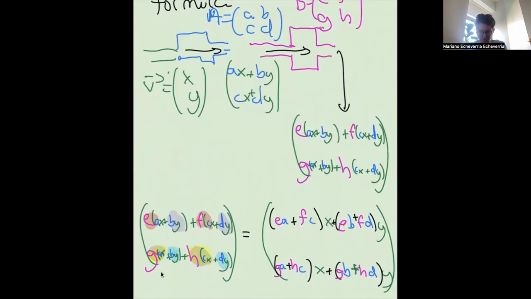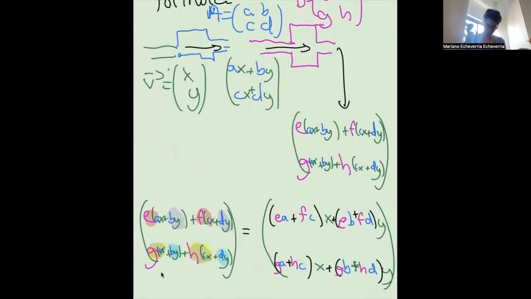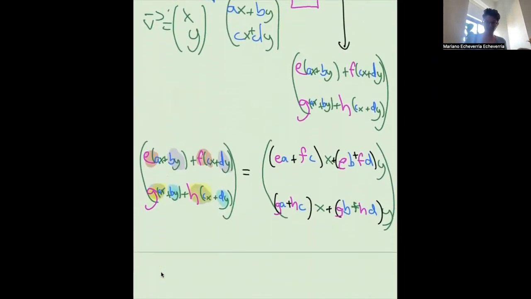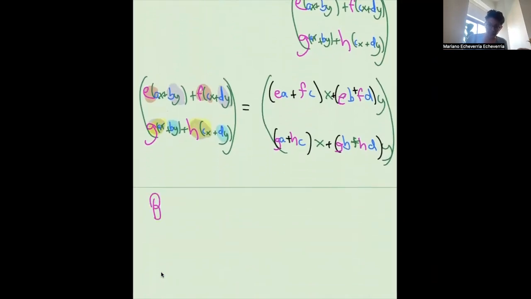It is useful to rewrite it so that you see it as number times X plus number times Y, number times X plus number times Y. These numbers will form the coefficients, the entries of the concatenation matrix, which is what we're going to now call the matrix multiplication. So the idea is that we're going to write this as B times A.